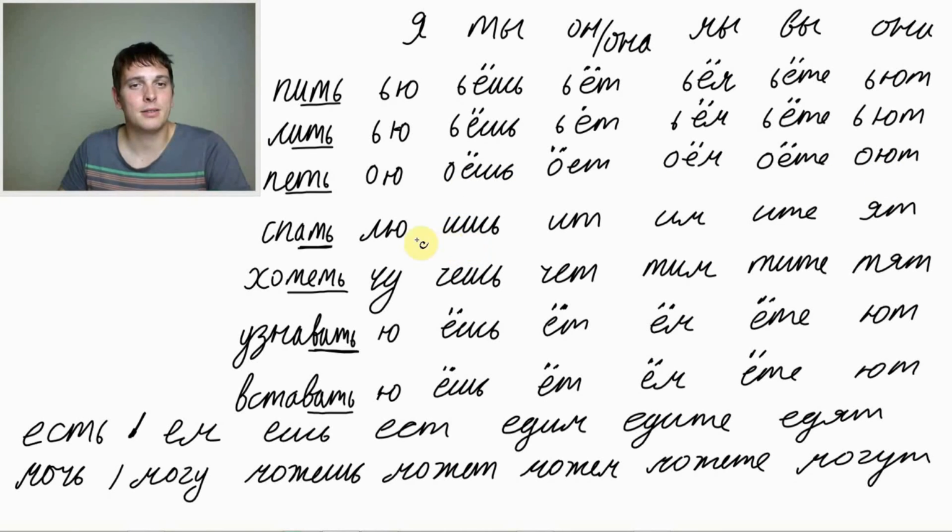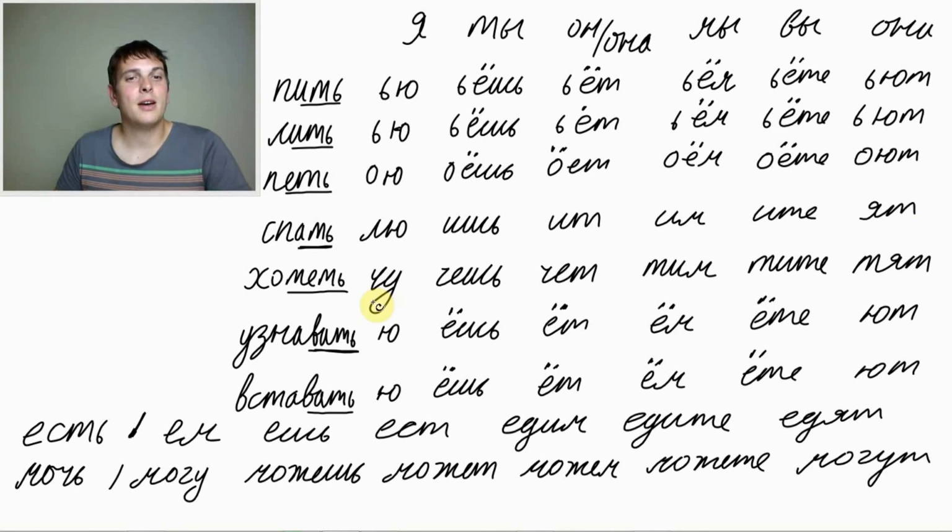I am sleeping. Я сплю. She is sleeping. Она спит. You are sleeping, in the plural or in the polite form. Вы спите. And they are sleeping. Они спят.